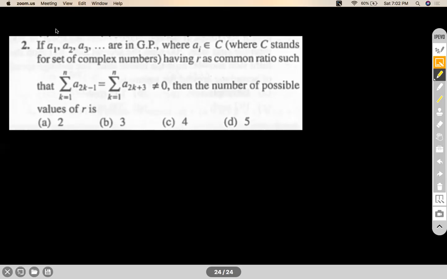Only 2 responses. 1.5 minutes already gone. I thought this was a super easy question. Okay, at the count of 5, we'll stop.